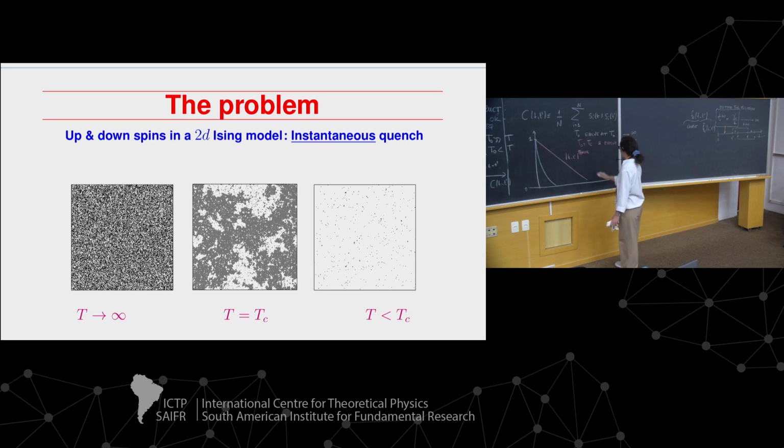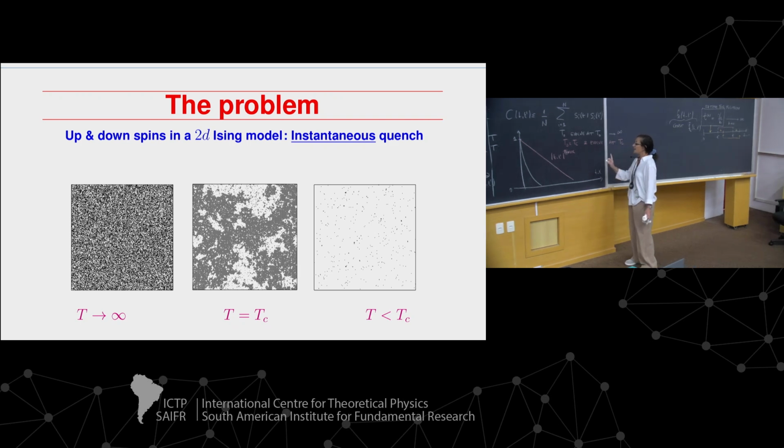I have to be careful, because here I plot as a function of t minus t prime. I say that I start from equilibrium at Tc, so I'm sure the decay is stationary. So I'm sure I can suppose, and it's verified, that the correlation function decays stationarily, so as a function of t minus t prime only. And it turns out that it decays like a power law, and this is what is called critical slowing down.